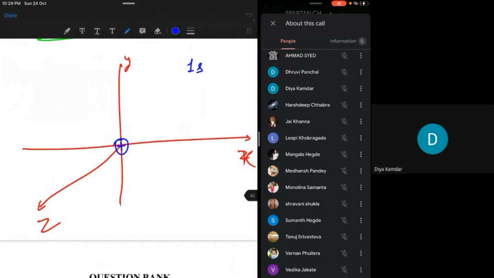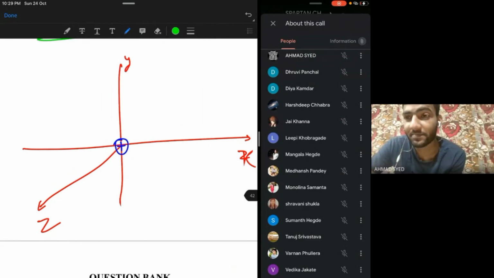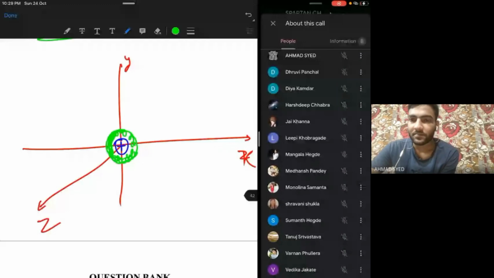What will be the diagram of 1s? It will be something like this, without any radial or angular node. This is electron density, the probability density of the electron. Actually there is no node, so I should just cover the nucleus totally. This is 1s.